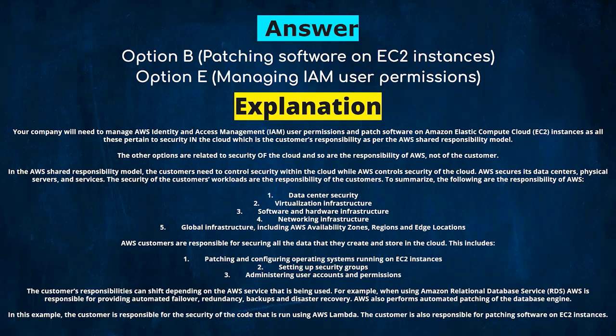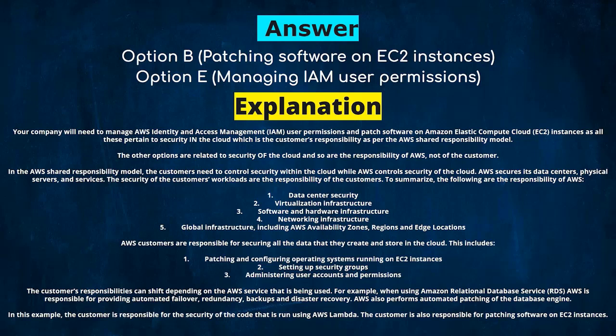AWS customers are responsible for securing all the data that they create and store in the cloud. This includes Number 1. Patching and configuring operating systems running on EC2 instances. Number 2. Setting up security groups. Number 3. Administering user accounts and permissions. The customer's responsibilities can shift depending on the AWS service that is being used.